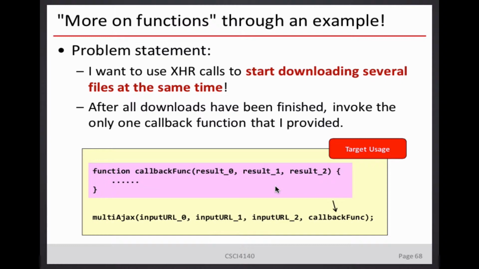And what is the callback function? Callback function depends on how many URLs you plug in, how many results there are from the previous agent's calls. So that means this is a list of variable length. And of course my callback will be well defined because I call my API function.